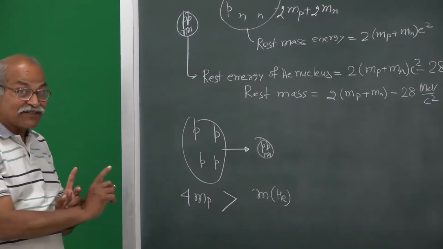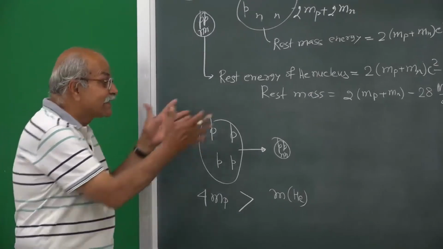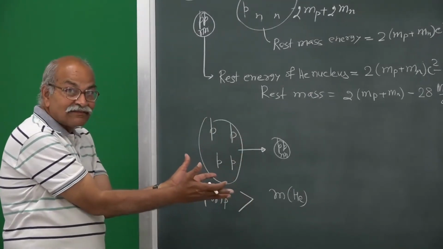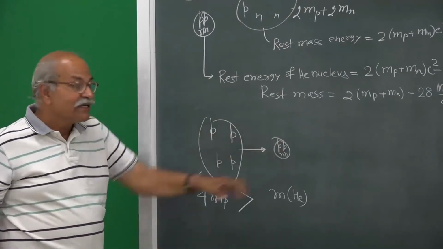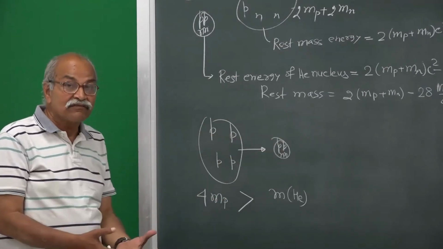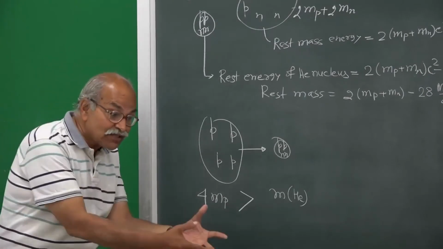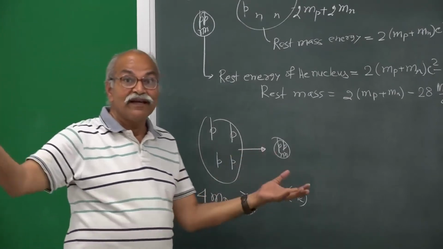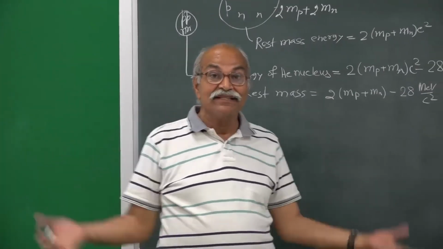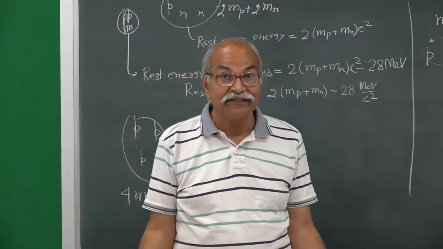And that difference, the decrease in rest mass energy going from here to here, is radiated in the form of light and all those things, and that energy we get on our earth.